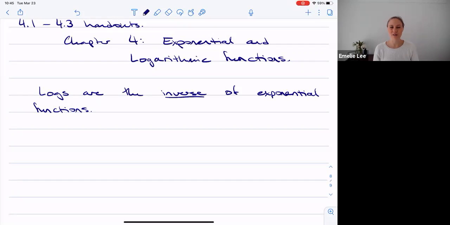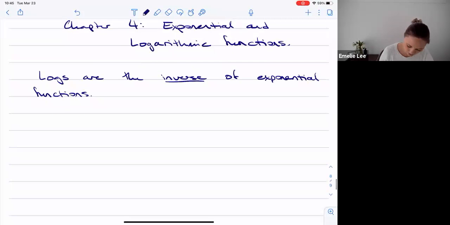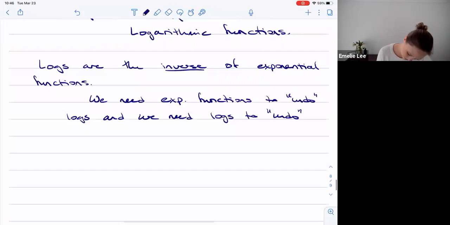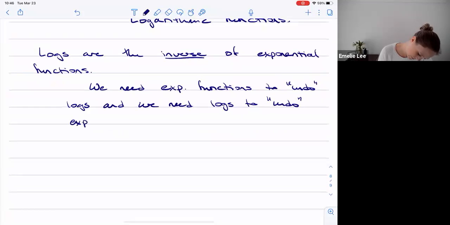And so inverse of a function, and so we need exponential functions to undo logs, and we need logs to undo exponential functions.